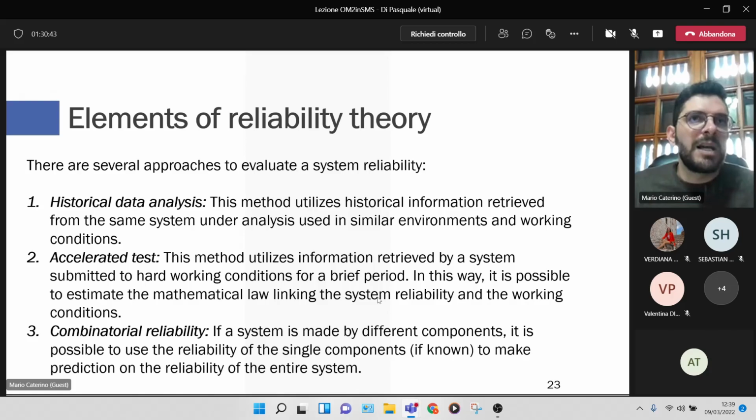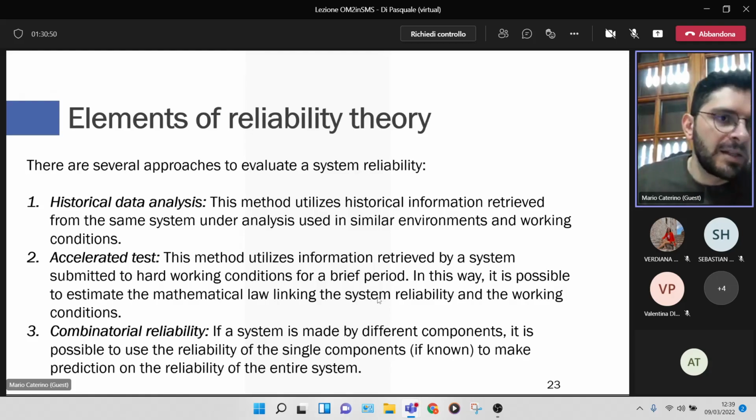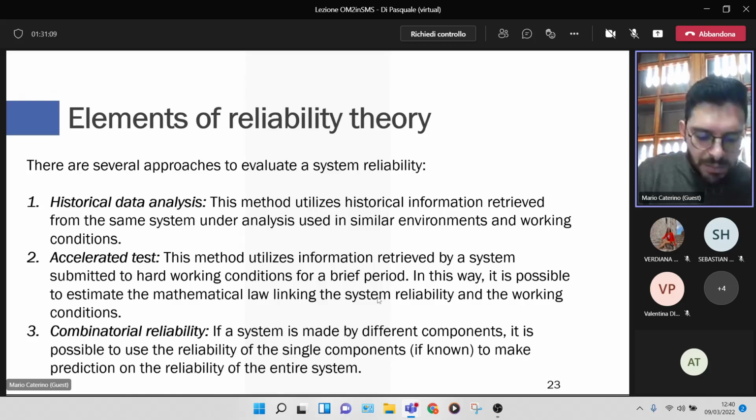So in this case, I will not wait years to retrieve data, because to obtain data about the reliability of systems and components from the real working conditions, by waiting for the real failures during the working times, you probably should wait for years.